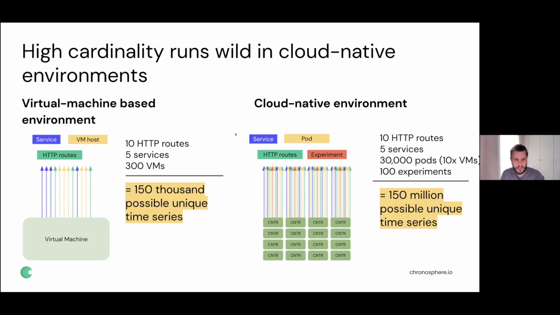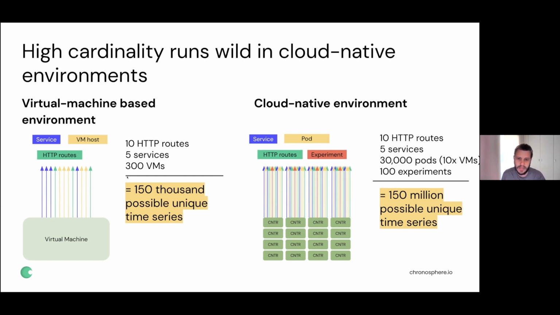This shows a transition from a non-cloud native environment to a cloud native environment. In the past, say you're monitoring 10 HTTP endpoints, 5 microservices, and 300 VMs. That's 150,000 possible unique time series.